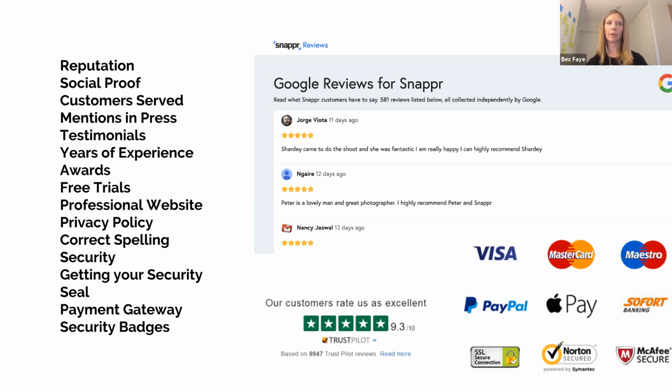Having a privacy policy so people understand where they stand. Having correct spelling. Things like security: getting a security seal and having that obvious on your website, and payment gateway security badges. These are all the kind of things that build up points in the user's mind to help them feel safe, secure, and to trust you.